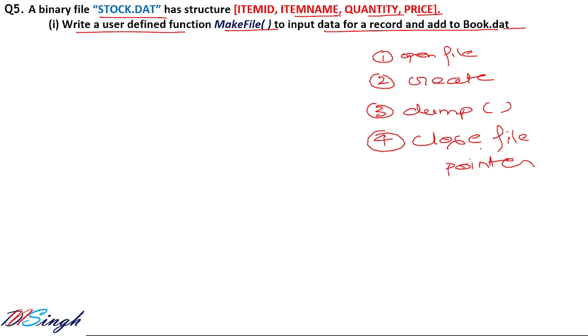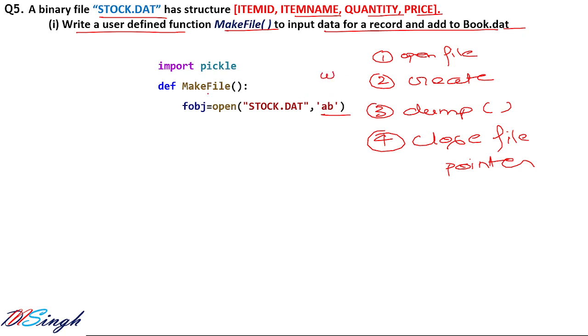Okay, so let us see the code. Import pickle, def make file, and next open the file in append mode, because we want to add multiple records into it. If you open it in write mode, it is going to be overwritten every time.